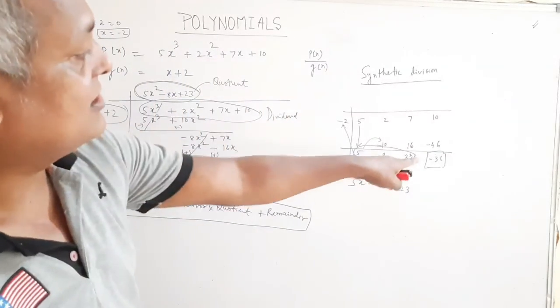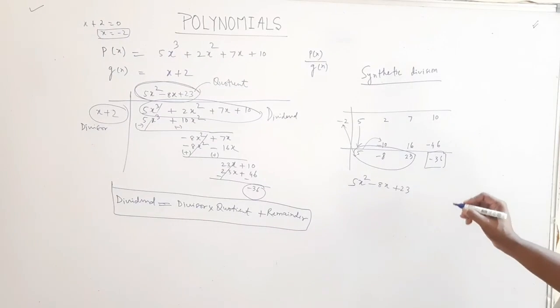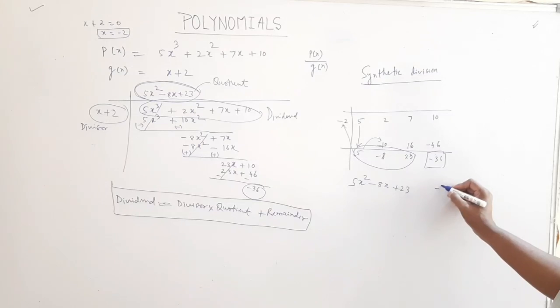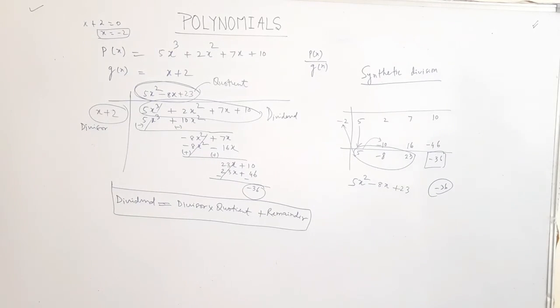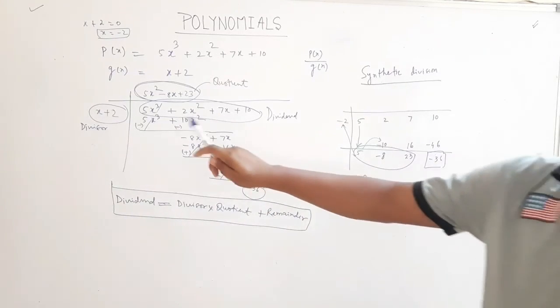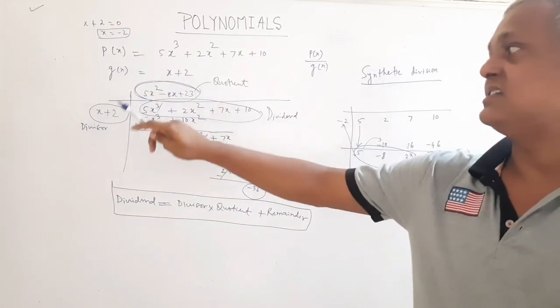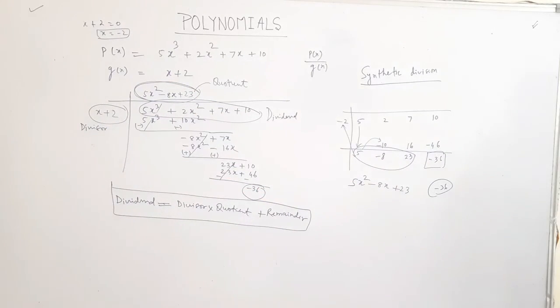And the last term, which is the constant term, will be the remainder. So this is minus 36. Suppose if this is 0, it means there is no remainder, and you can say the expression p(x) is completely divisible by the divisor, and that is called perfect division, with no remainder.